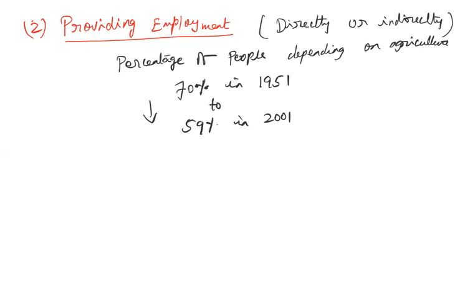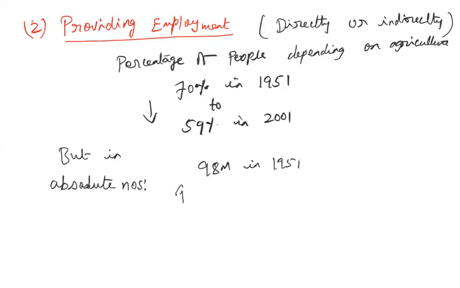59% means the percentage-wise it has reduced. But then the same thing, if you look in absolute numbers, the number of people instead of percentages, it was 98 million in 1951, which actually increased to 235 million in 2001.